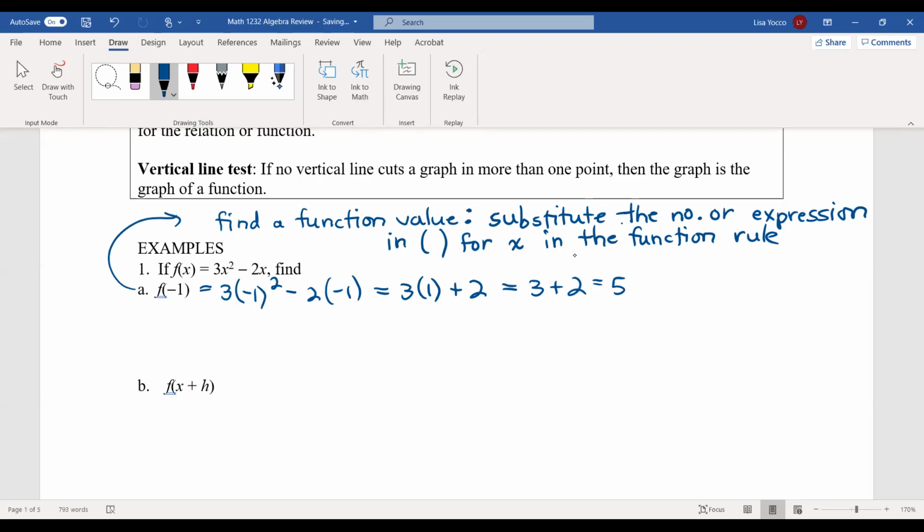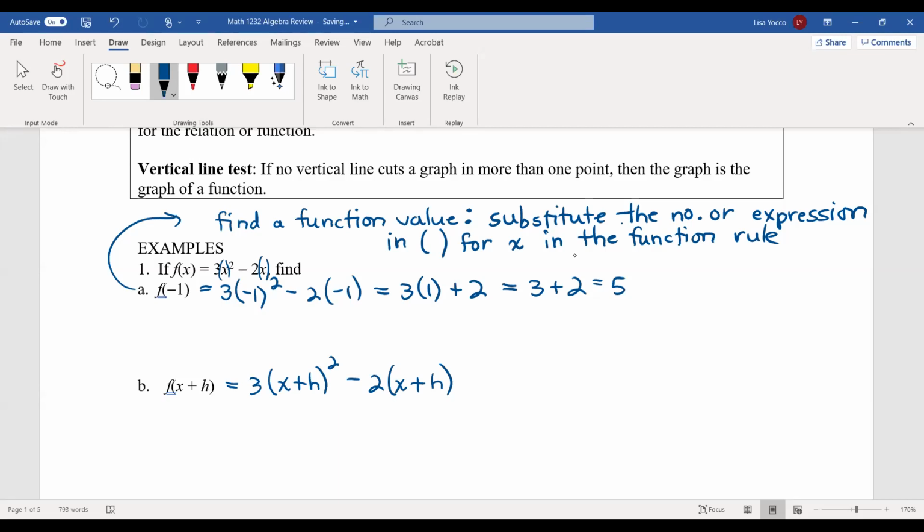It doesn't have to be x. So basically up here where that x is, that's where I'm substituting. All right, so I'm putting x plus h in place of x up in that function rule, and that's the first step.